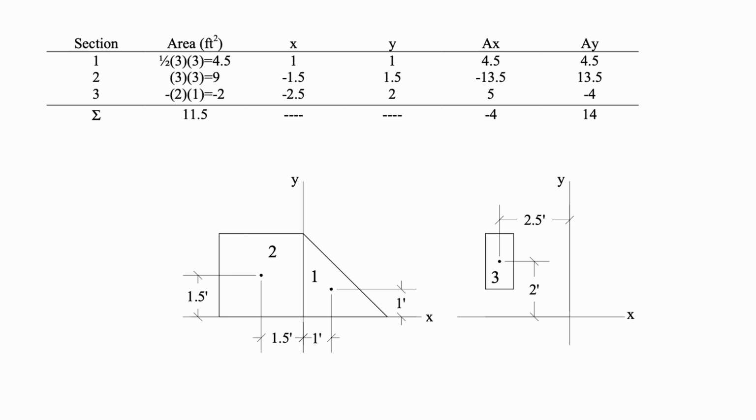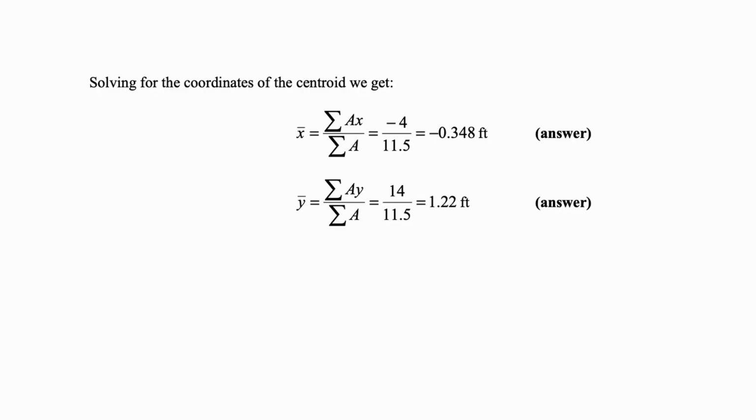Then for the square we have minus 13.5 for Ax and 13.5 for Ay, and for the rectangle we have 5 and minus 4. Using the equation, we can solve for the coordinates. The sum of Ax divided by the sum of all areas, minus 4 divided by 11.5, gives us minus 0.348 feet.